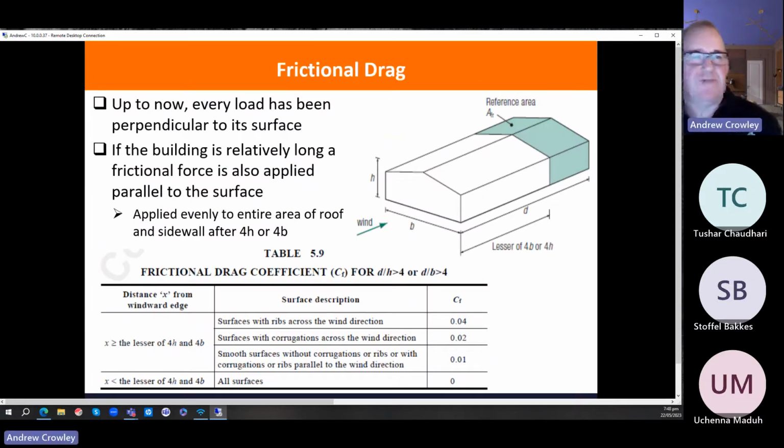So up to now, we've just been looking at wind pressures that have been applied perpendicular to the surface of the structure. Now we're looking at frictional drag, and this applies along the surface of the structure. This really only comes into effect when you're looking at very big buildings.